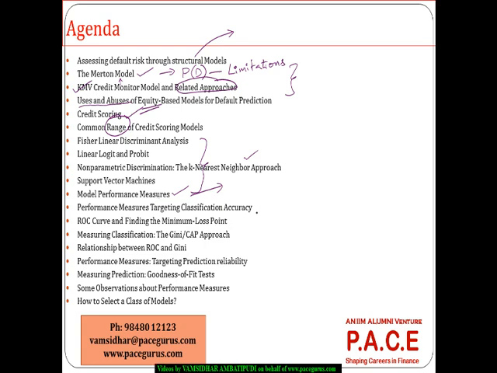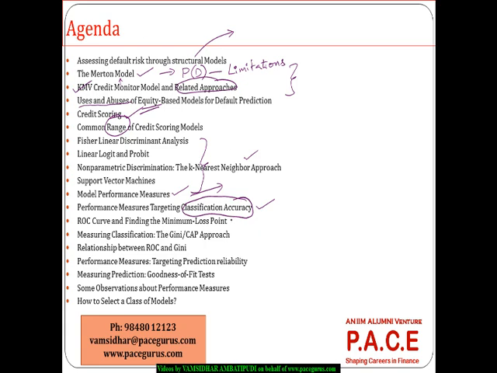Out of that we would be specifically talking about those performance measures which are targeted towards classification accuracy, meaning a new record coming up has to be classified correctly into default versus non-default groups. So I want the accuracy of the classification.